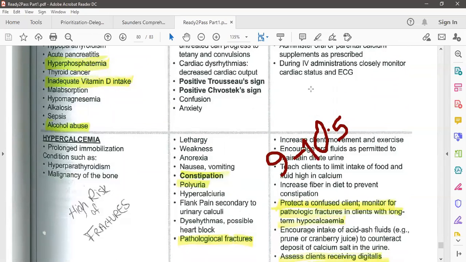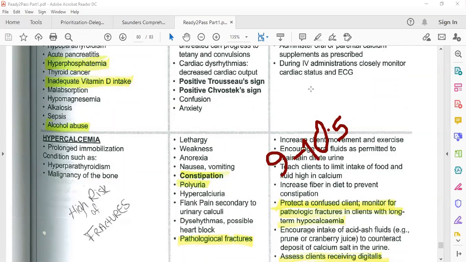And what are the signs and symptoms? If anybody has hypercalcemia, they complain at the beginning of constipation, the most common sign, or decreased deep tendon reflexes, or kidney stones, or pathological fracture.